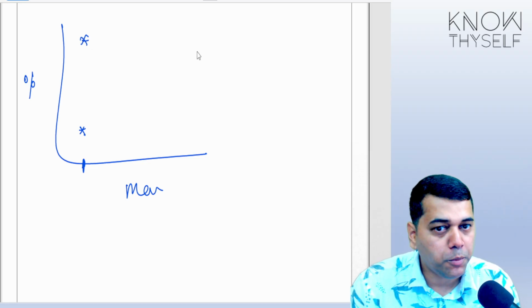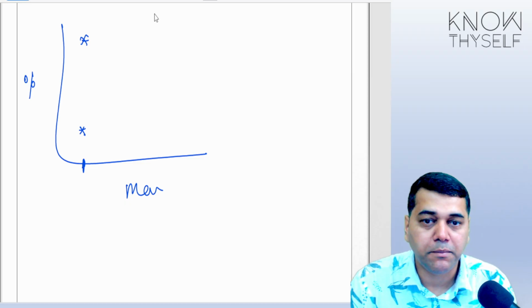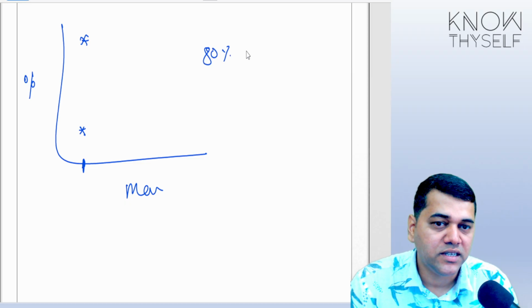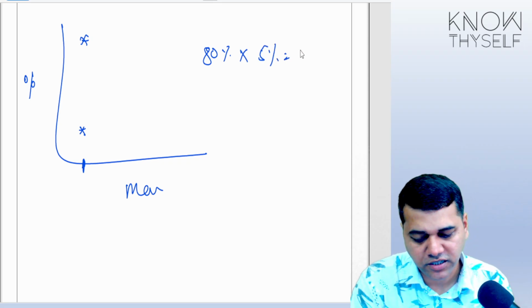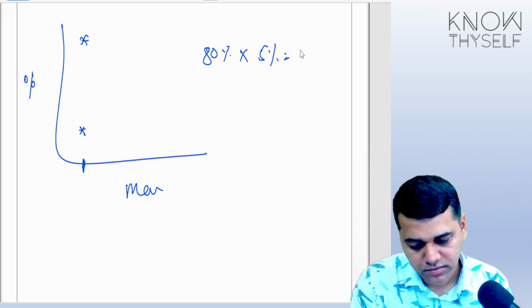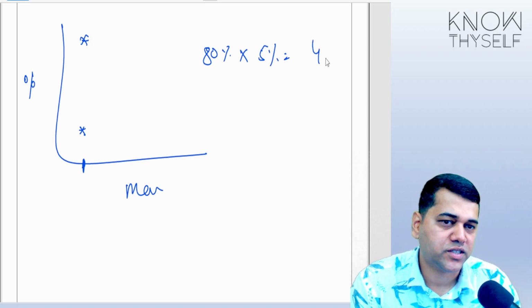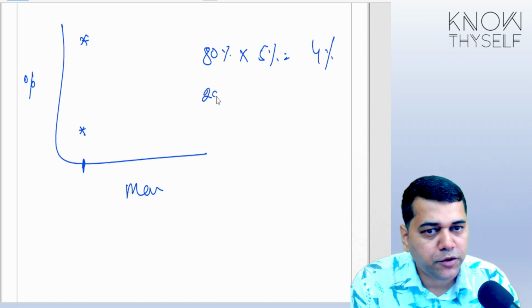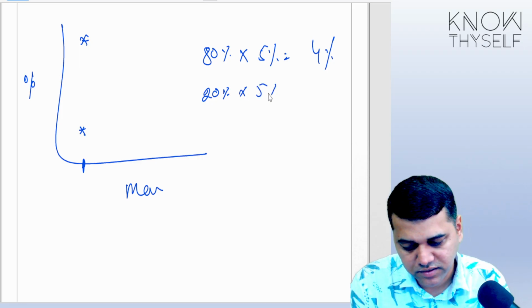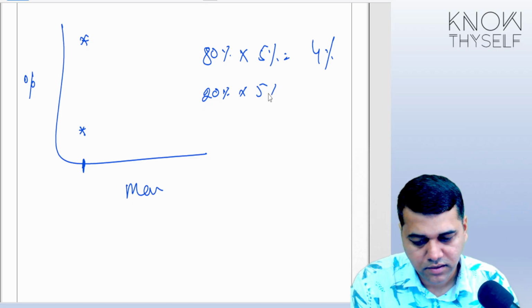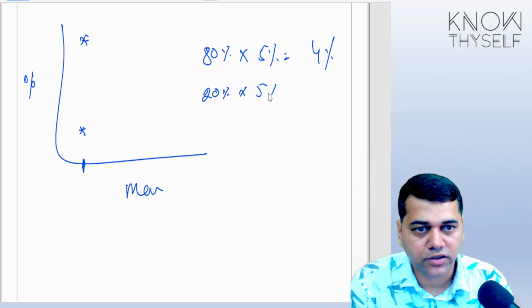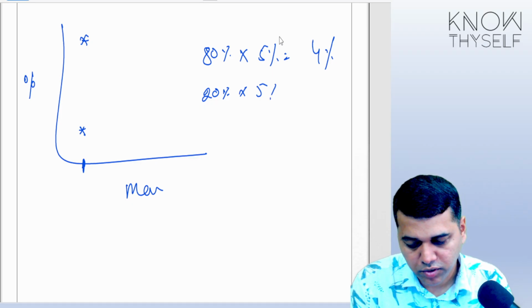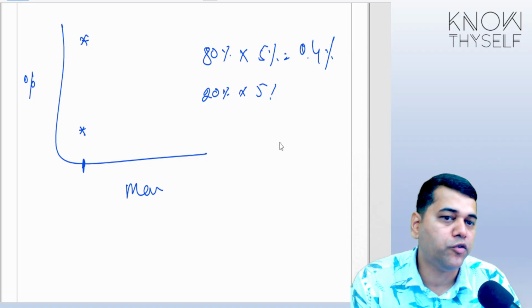Why? Because when you multiply both, when I multiply 80% into, say, 5%, because it is 5 marks, how much does it come to? 4%. Or if I multiply 20% into 5%. Sorry, one minute. 0.8 into 0.05 is 0.4%.